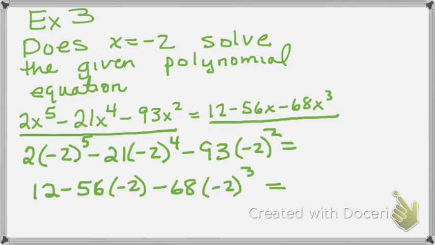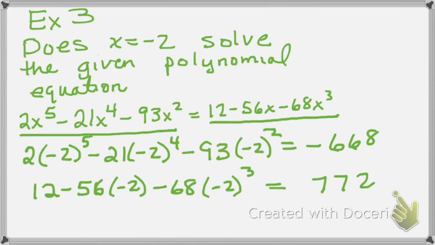So did you get the same thing on both of these? What'd you get? 768. Positive 772. Okay, so in other words, they did not come out the same.